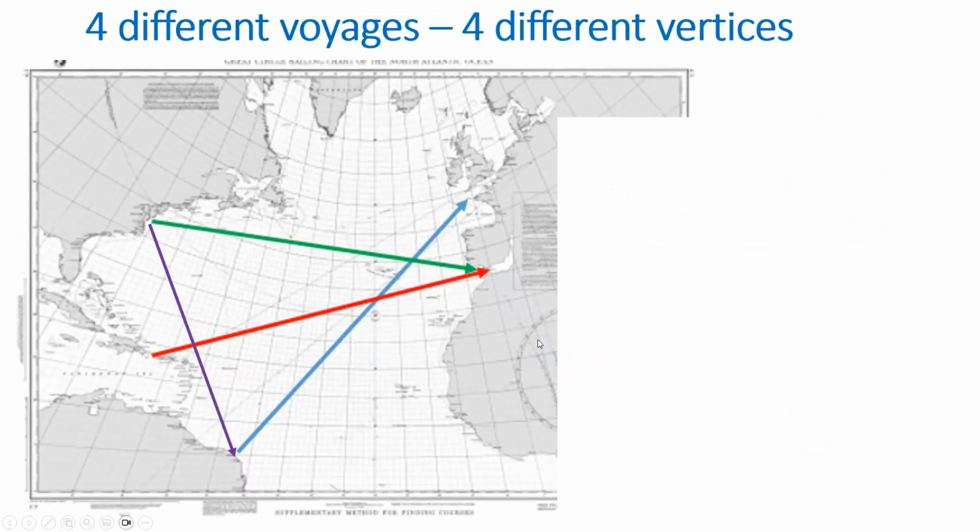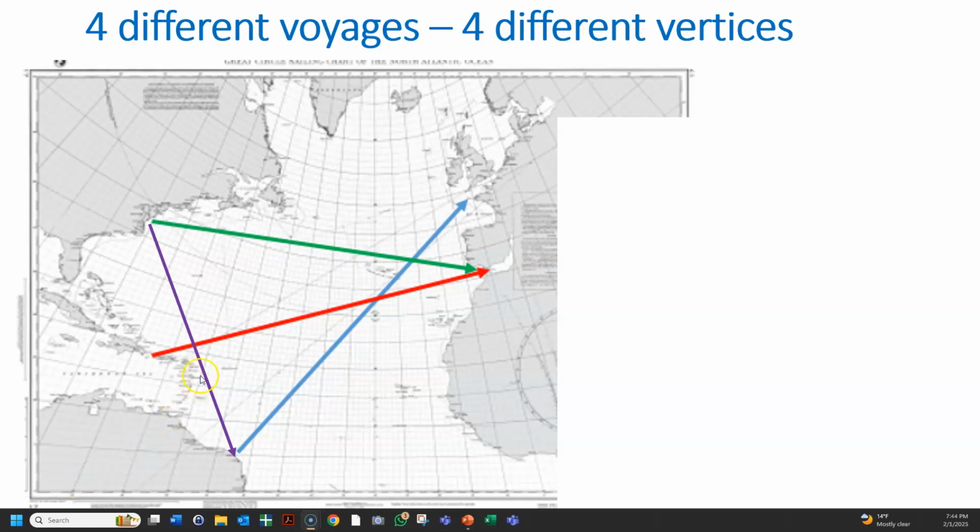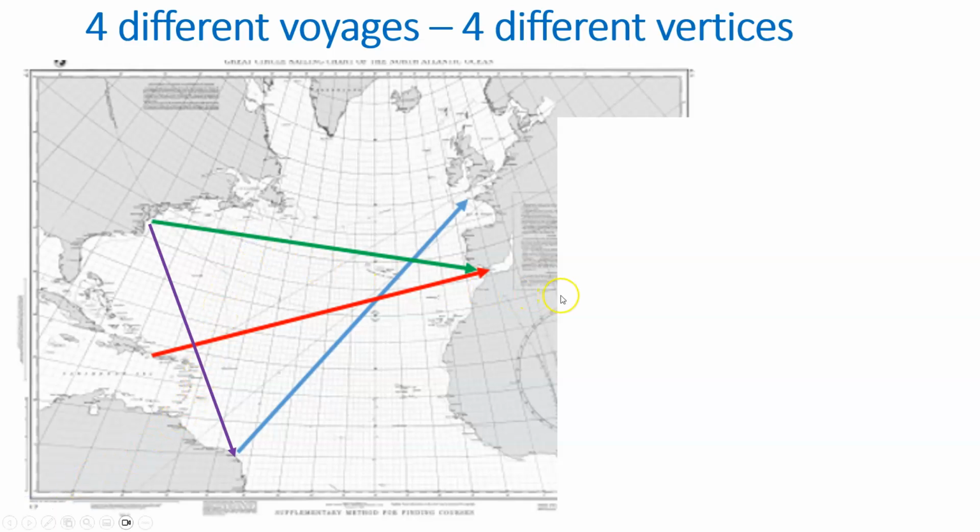So let's talk about vertices for a minute. I've got four different voyages here, and we're going to look at them one by one. The first voyage is this green one. We would start along the midpoint of the eastern seaboard of the United States, heading over towards the Strait of Gibraltar. This is a latitude line, this is another latitude line, and this is 5 degrees of latitude.